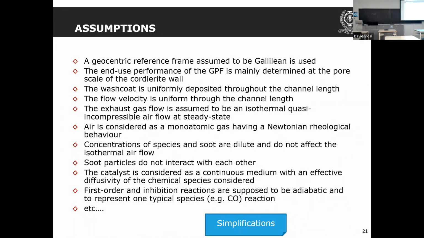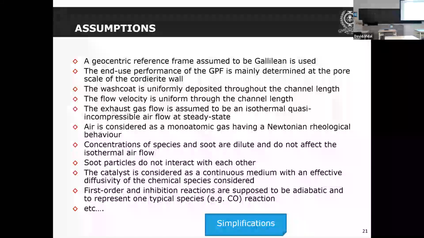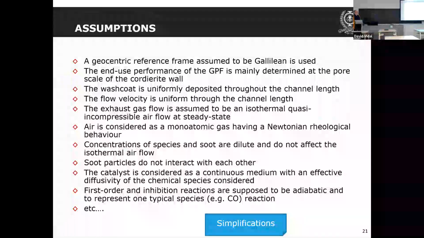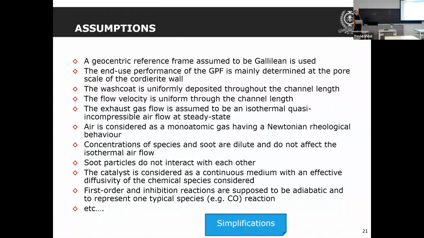Why you need to state them is because if you need to do a cycle and rework your modeling, you have to revise all those assumptions, and maybe you will understand that one of them is incorrect. Here I have stated the assumptions that I could deduce from what we proposed, and there are many others that are not written here.